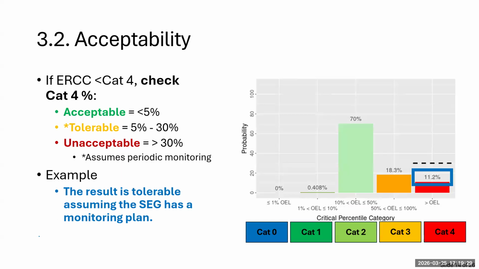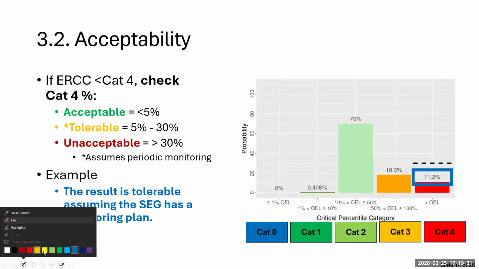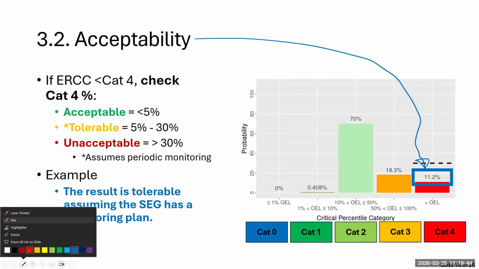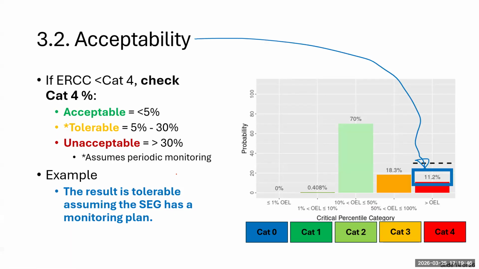So acceptability, I think, is a more important statistic here. And this is tied to what I think is probably the number one most important statistic.